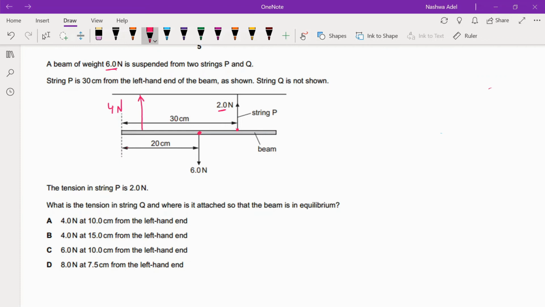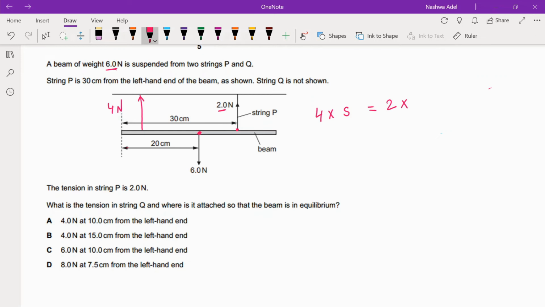Now, where can we apply this 4 Newton, in what position? We have here the clockwise moment. Clockwise moment equals 4 times the distance from the center of mass, equal to the applied force on the other side times its distance from the center of mass.